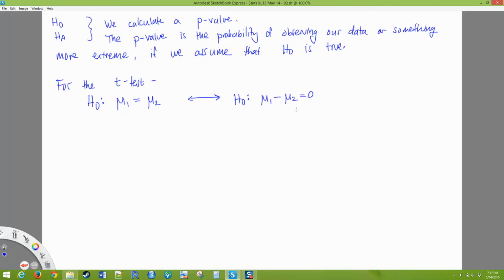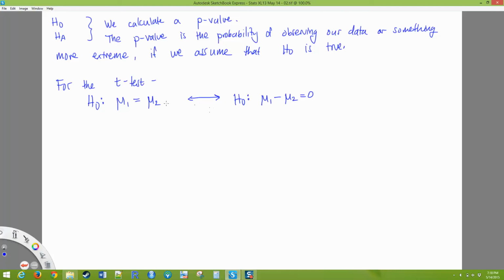If we were to put these into words, this one says that the two mean values are equal, and this one says that there is no difference between the two mean values, right? The difference between the mean values is 0. So to say that they're equal is to say the same thing as there's no difference.